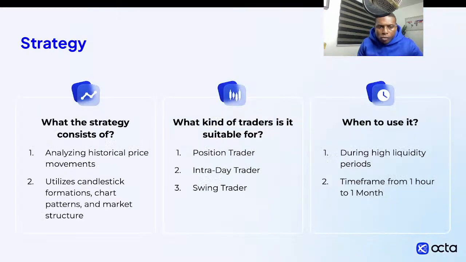So, what does this strategy consist of? One of the important things we should know is that this strategy helps us analyze historical price movement, and also utilizes candlestick formation, chart patterns, and market structure. What kind of trader is it suitable for?